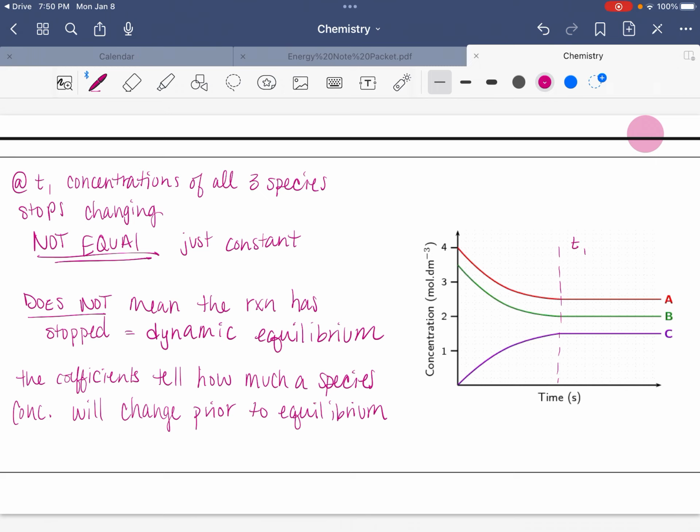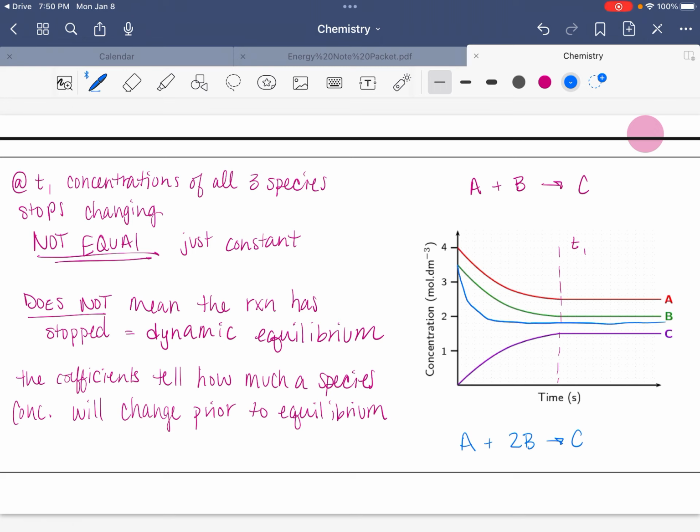If we were writing out an equation for this, we would have A plus B yields C. If, for example, we had A plus 2B yields C, it's telling us that we have to have 2 moles of B for every 1 mole of A. So we'll see a more drastic drop in B before it levels out.